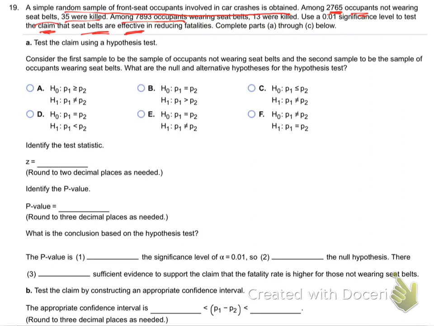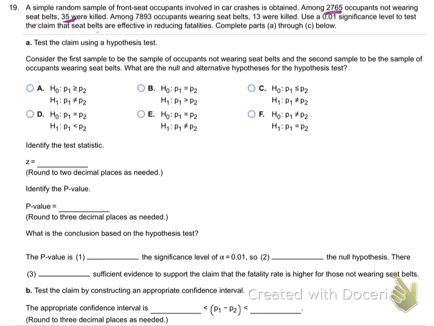What does that mean? So this one's a little more tricky. How are we going to do that? Well, we're talking about 2765 occupants. 35 were killed.